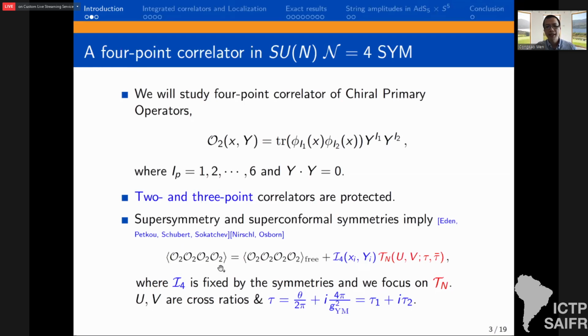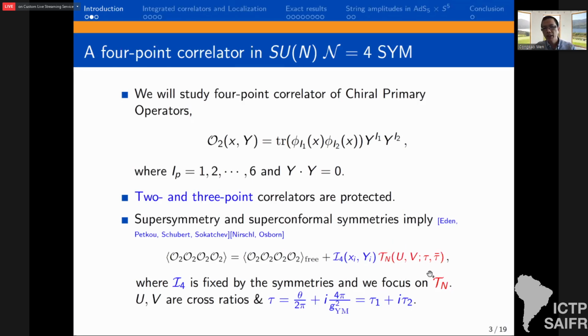It is convenient to write this as a free part, namely the part you can compute from free theory, and a remaining one. The remaining part can be further decomposed into 2 pieces. I write it as I4 and T_N, where the prefactor I4 is completely fixed by the symmetry. It contains all the information about this null vector Y, or said in another way, it contains all the information about SO(6) symmetry.